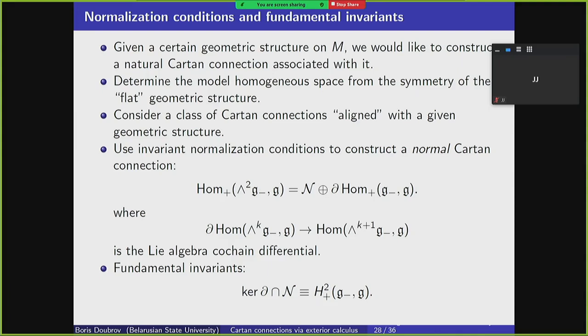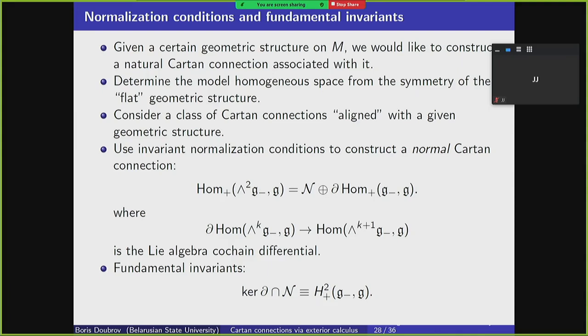Well, Spencer cohomology normally works when your G minus is abelian, where you have nothing but just degree -1 elements in your model. We've seen that it is quite important in many cases, for example in case of projective or conformal connections, this would work, but in case of arbitrary nonlinear second order ODEs, it starts to be quite important to assign different weights to different variables in order to do calculations correctly.